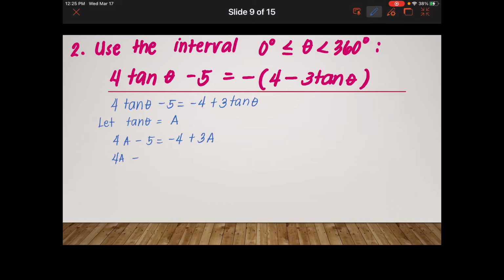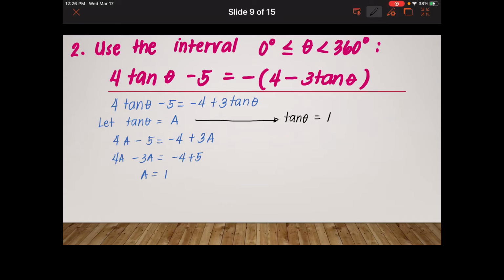So 4a minus 3a is equal to negative 4 plus 5. So a is equal to 1. After solving for a, you have to substitute back tangent theta. So tangent theta is equal to 1.